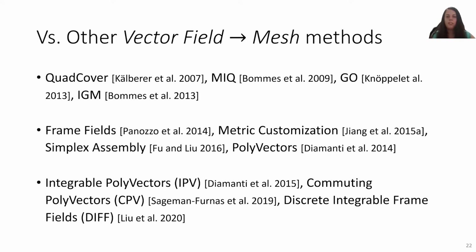However, IPV defines the integrability condition on the surface and not on the parameterization domain, representing a bigger space than that of coordinate vector fields for some parameterization. In CPV, integrability is defined through the discretization of the Lie bracket, which in general does not guarantee discrete integrability. Also, both CPV and DIFF are tailored to Chebyshev nets and not necessarily extendable.